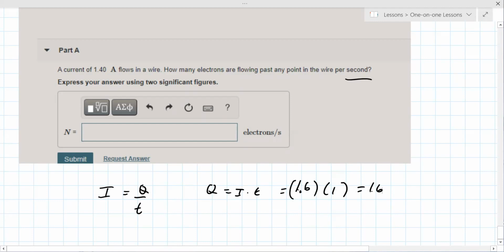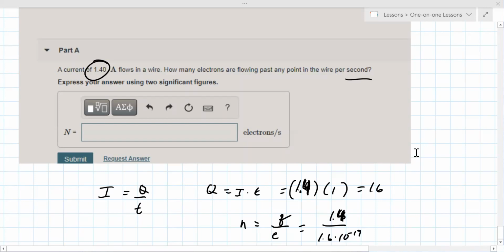Then the number of electrons is Q over E. Oops, I'm using the wrong numbers. 1.4. That's that number, 1.4 there.